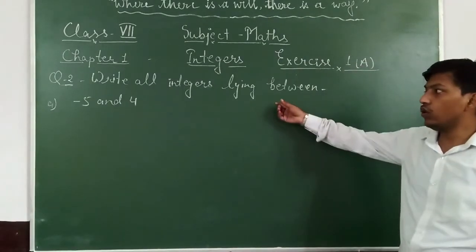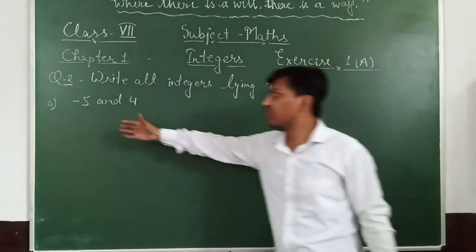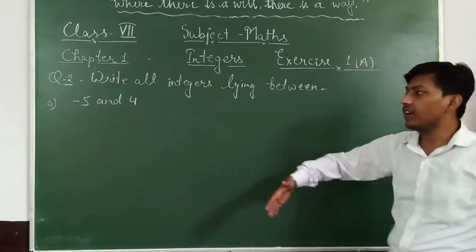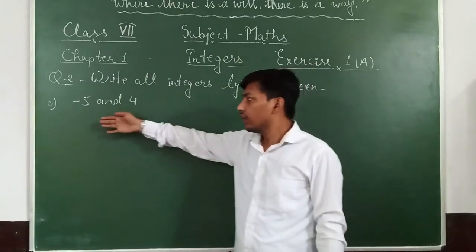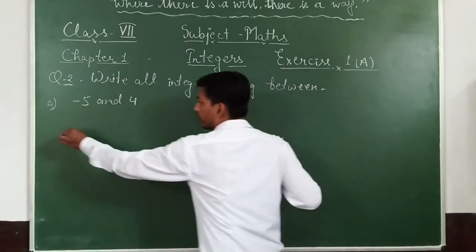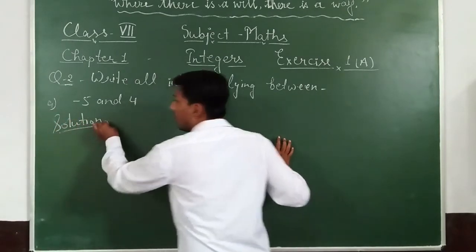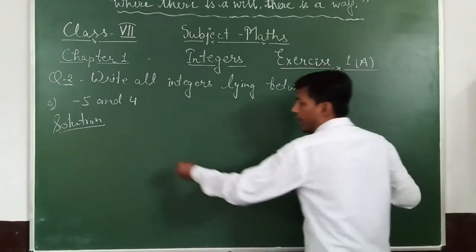Question number 2 is, write all integers lying between -5 and 4. So we have to write all the integers which lie between -5 and 4. So first of all, represent them on number line. Solution: represent -5 to 4 on number line.